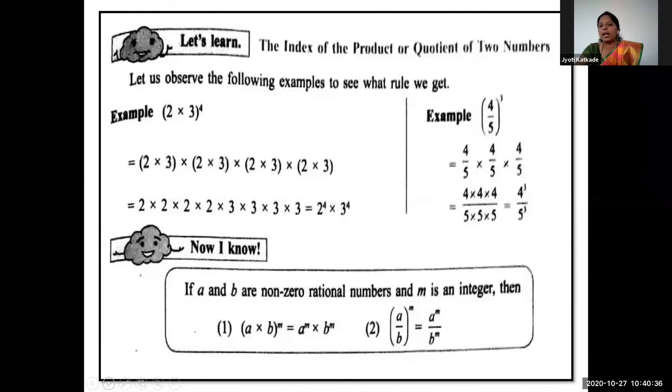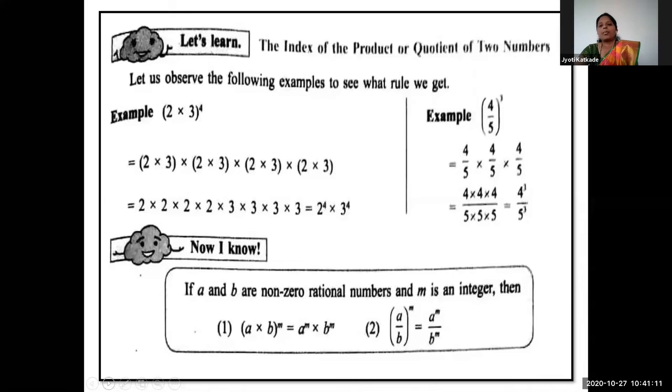If A and B are non-zero rational numbers and M is an integer, then first, A into B bracket raised to M. This rule is like the example 2 into 3 bracket raised to 4. A into B bracket raised to M is equal to A raised to M into B raised to M.